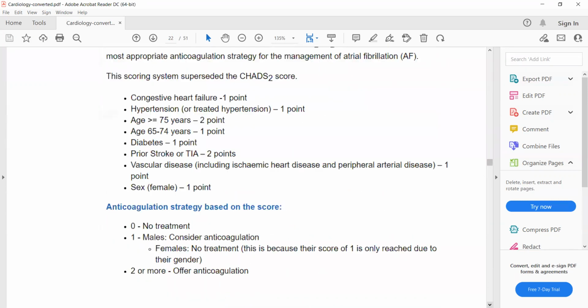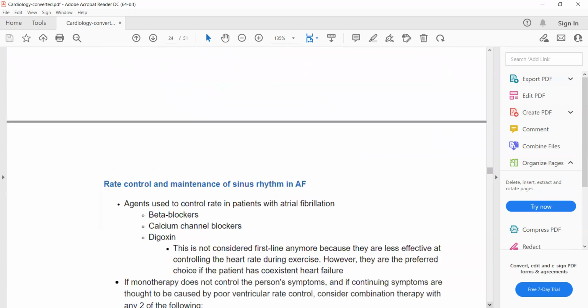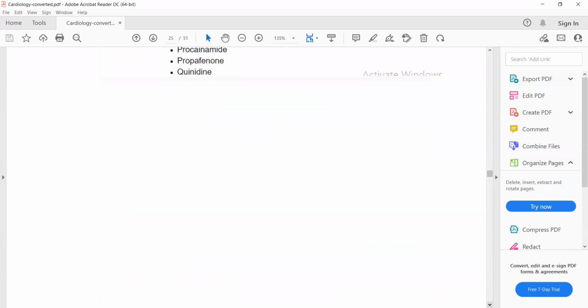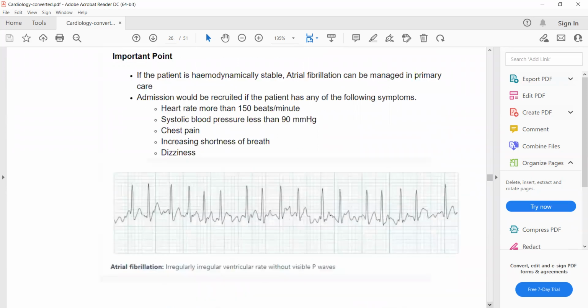Let me show you an ECG as an example. This is an ECG of atrial fibrillation. These waves with high amplitudes are R waves or QRS complexes.